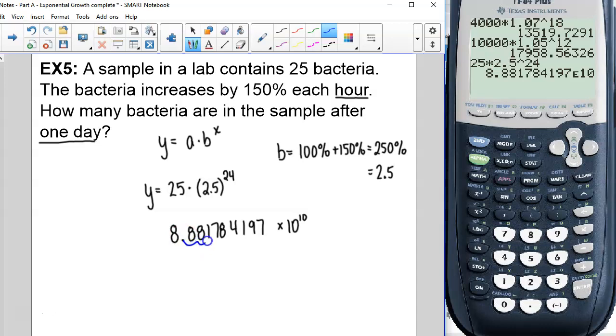So 1, 2, 3, 4, 5, 6, 7, 8, 9, 10. I have to put a 0 in that last spot. So good gracious, we've got 8, 8, 4, 1, 9, 7, 0. Oh my. Let's see, what is that? This is million, billion, 88 billion something bacteria.